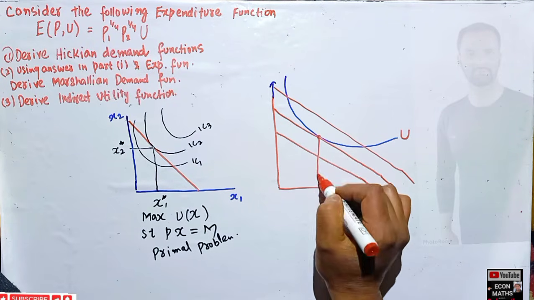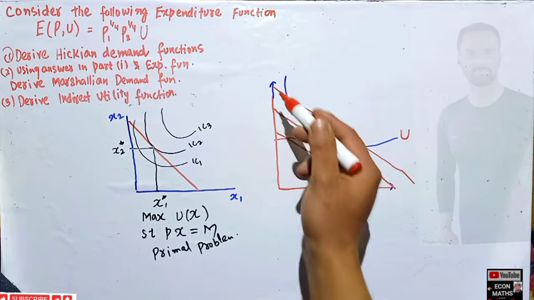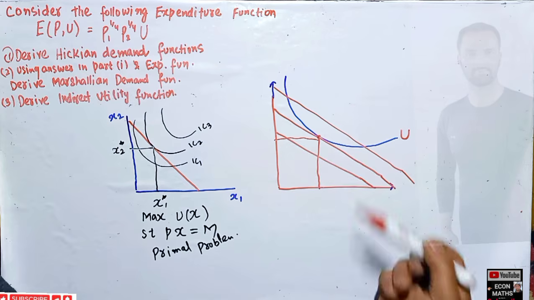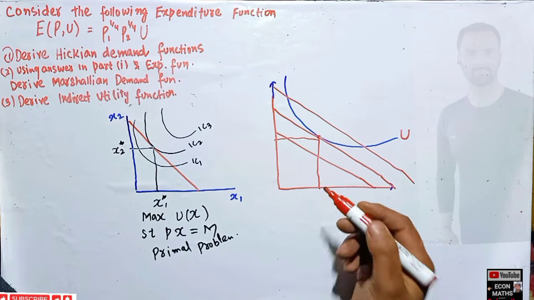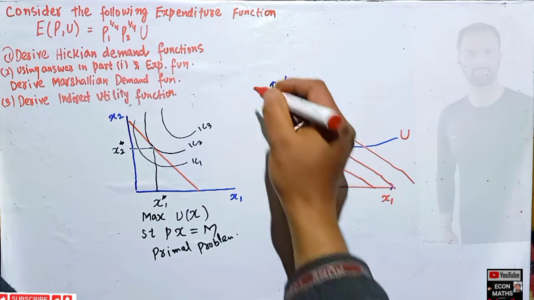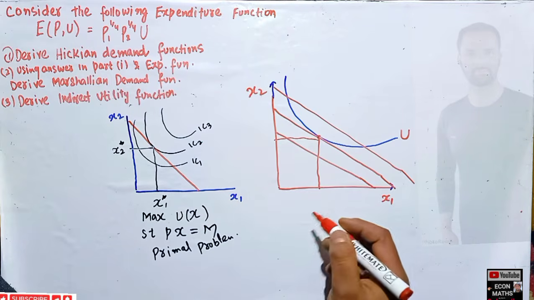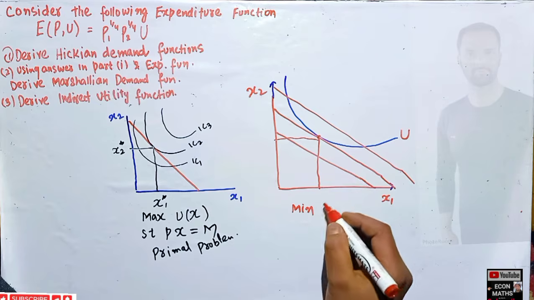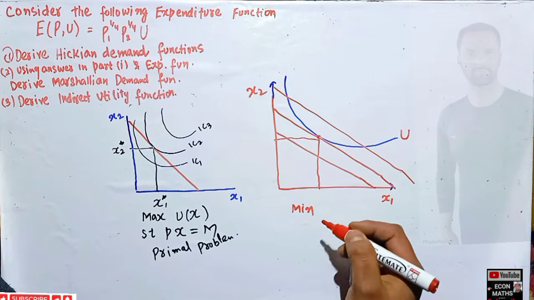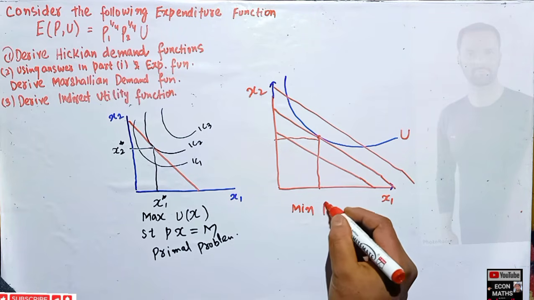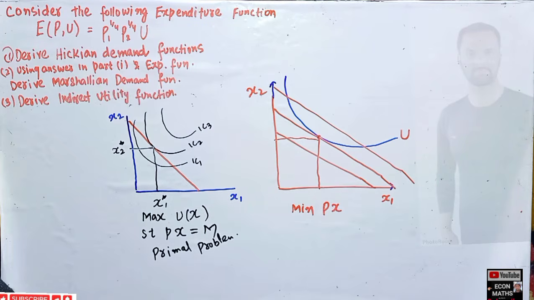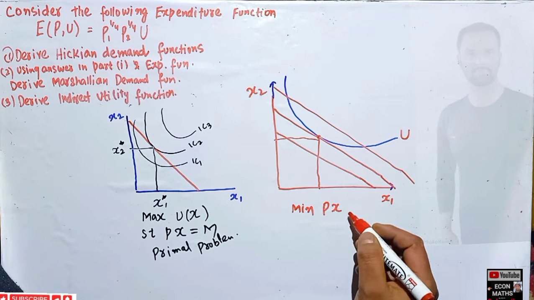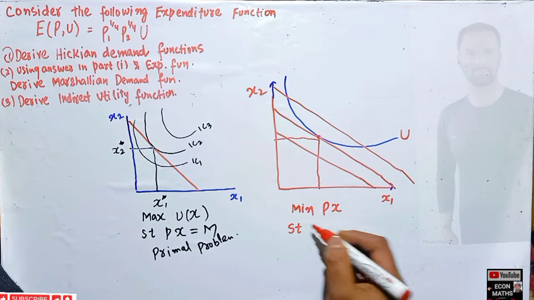The optimal budget will be where the indifference curve and budget line are tangent to each other. Let's say this is x1, this is x2. We call this the minimization problem. Expenditure is p into x, that means price into units bought, and we minimize this expenditure subject to the given level of utility.